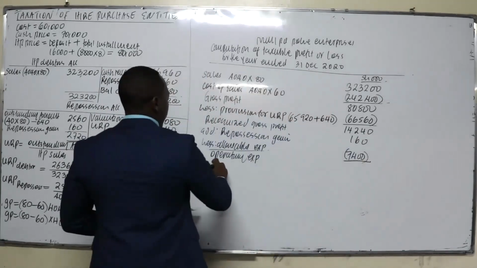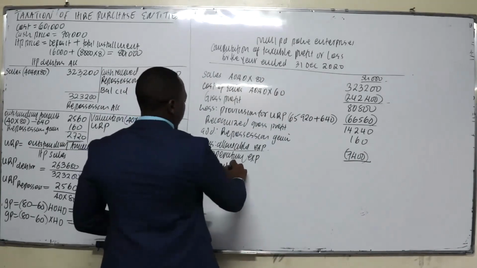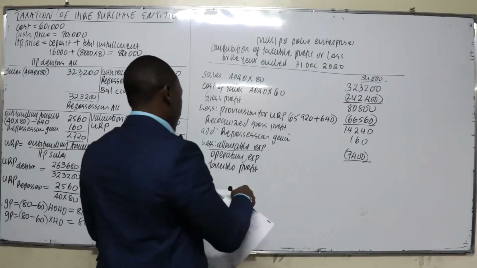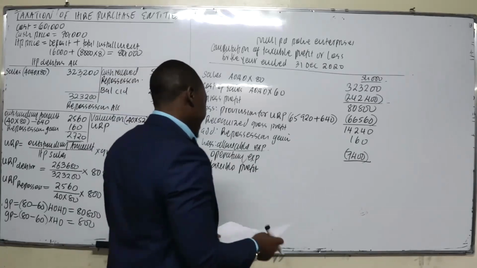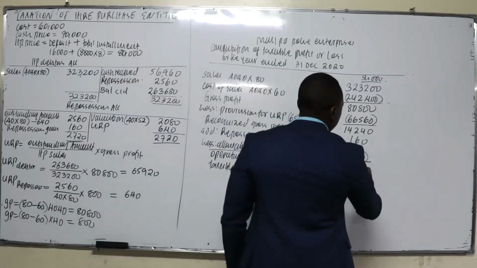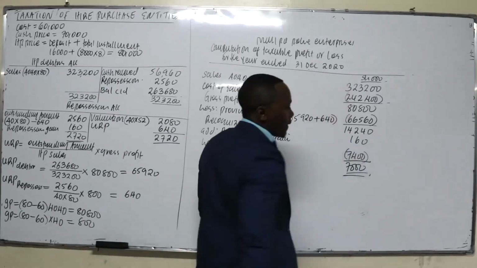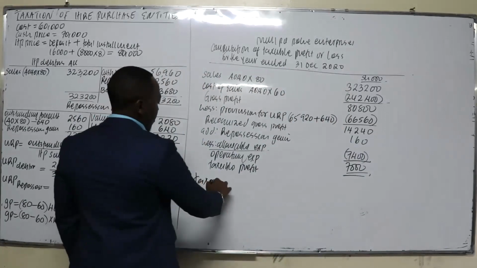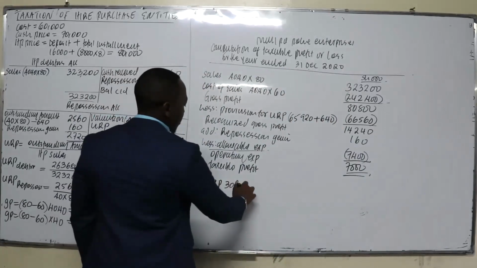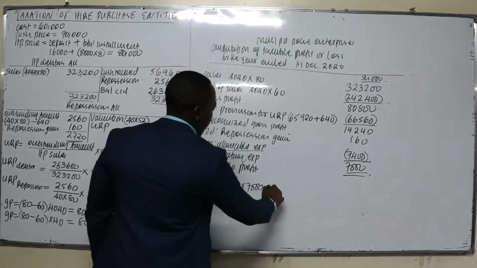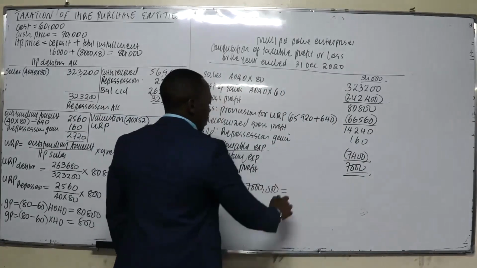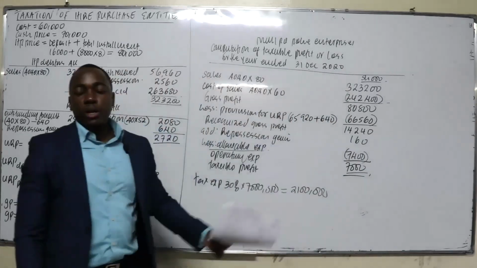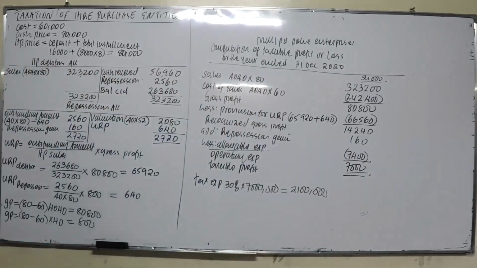So how much will be now our taxable profit? You get an amount of 7. So if you are to get the tax expense, just take 30% of 7 million. You get 2.2. You can review that one for 2 minutes. We do another illustration.